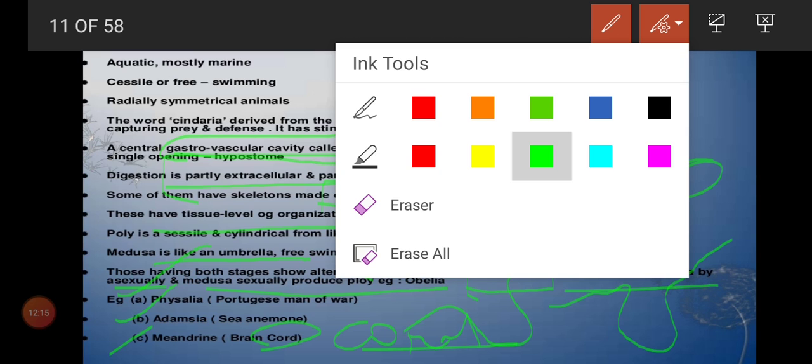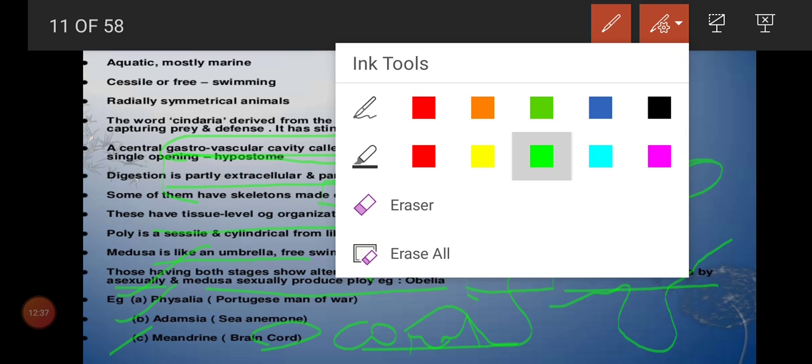So here, what do you want to remember? Symmetry is radial and the germ layer is diploblastic, and for level of organization, true organs are absent, but slowly the digestive system started. There is no head and no special flagella-like structure, but tentacles will be present.